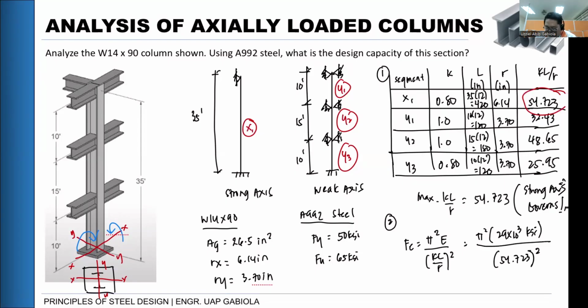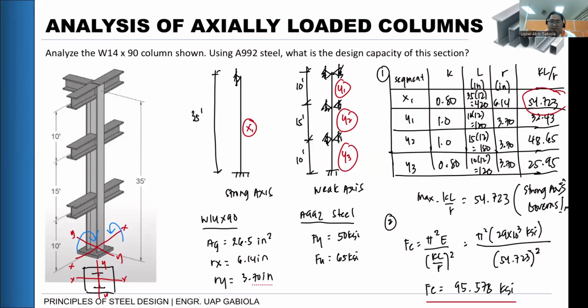So pi squared times 29,000 divided by 54.723 squared, that is 95.578 KSI. Okay? Be consistent tayo dun sa unit, no? Ayan. So, yan yung value ng Fe natin.